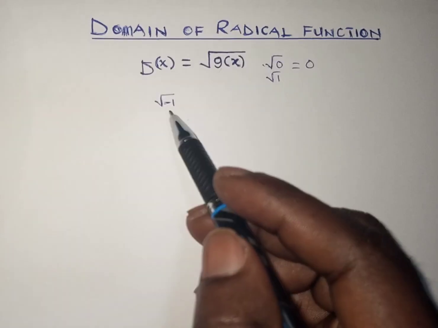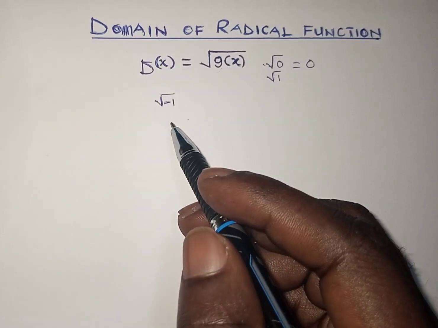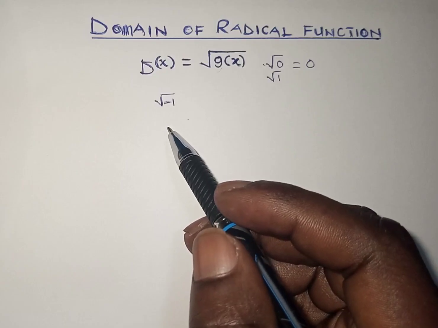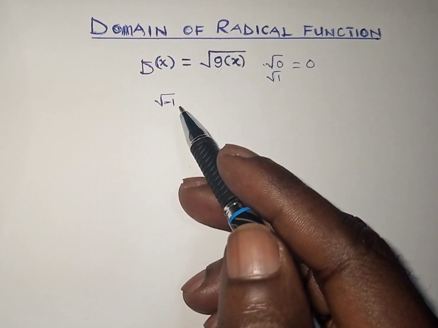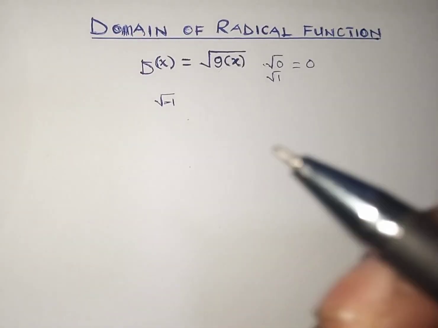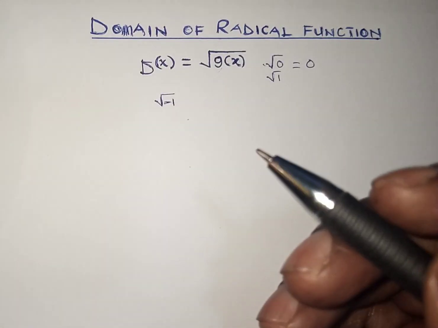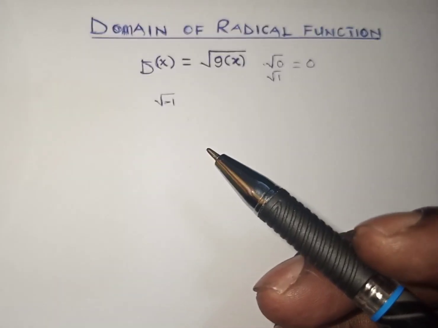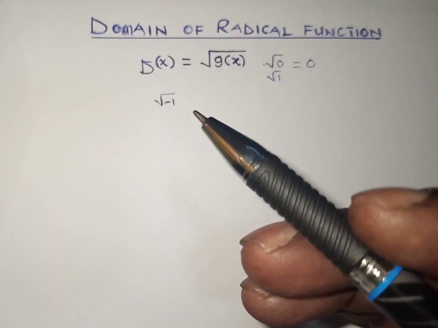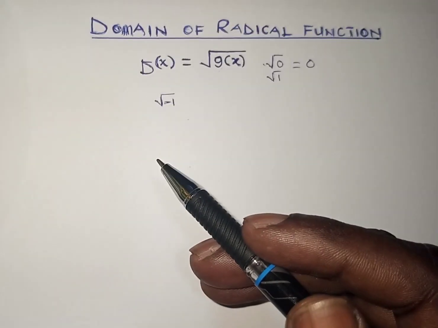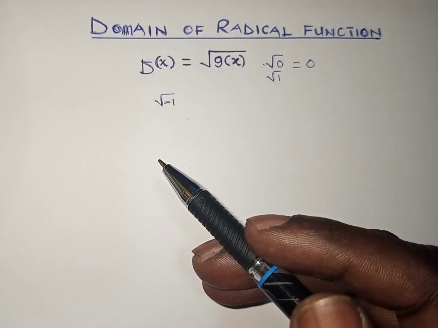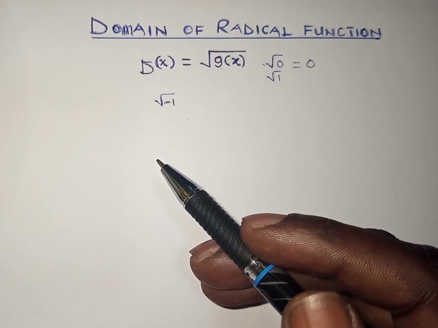All right, great. If we know this, then we can proceed and look at how to find the domain of a radical function. In this lesson, I'm going to take you through how to write the domain in set-builder form. We shall also write the interval notation form when you are writing the domain. Okay, that is what we are going to do now.